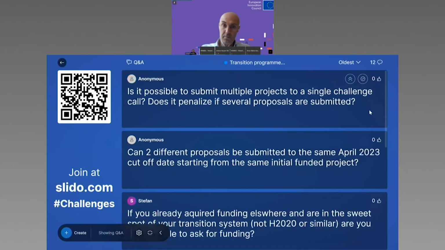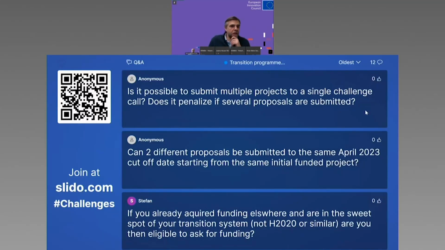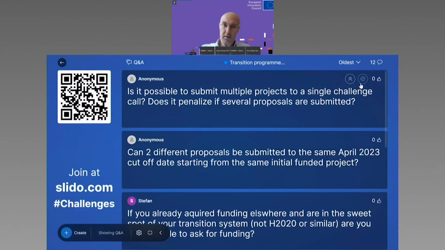Very good. Multiple projects, multiple proposals to a single challenge. Is that allowed? I think it is allowed. No, Marco, I've seen this in the past. Yes, it is possible. There shouldn't be competing proposals stemming from the same result, like two teams that are planning the same application from the same research results.